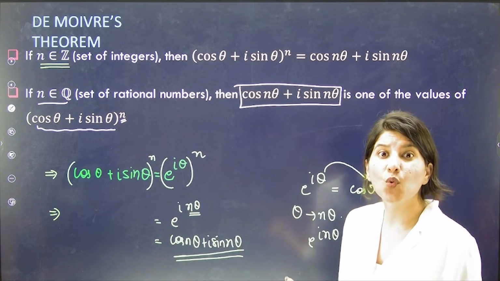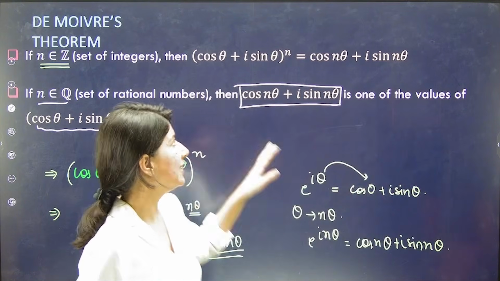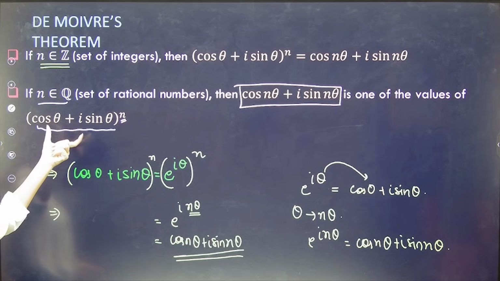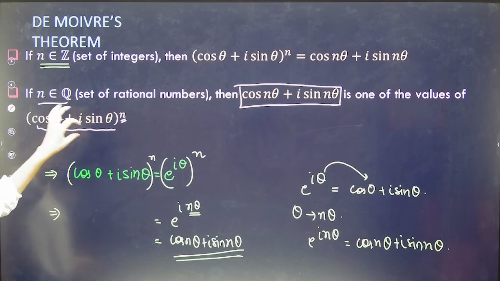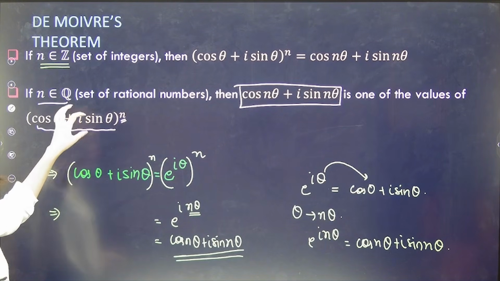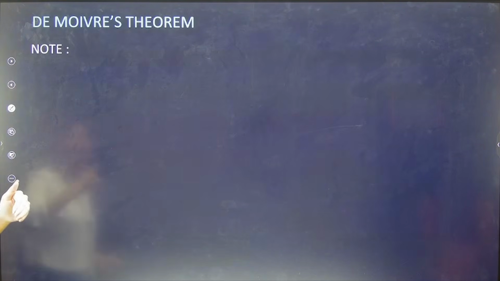There will be more values. Let me tell you, do not worry about it. Integers is clear, but if n is a rational number, then it will have multiple values. One such value of the multiple values of this expression will be this. Just keep that in mind. We will understand it step by step.